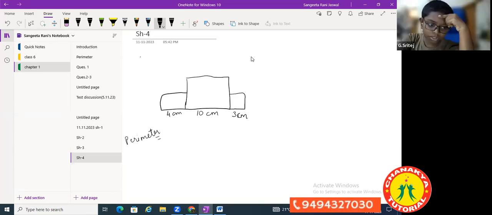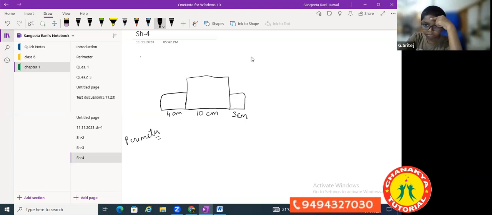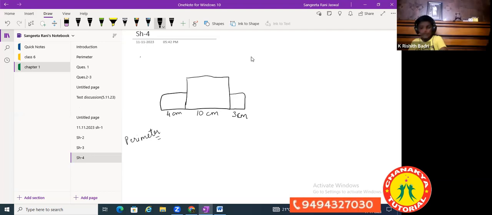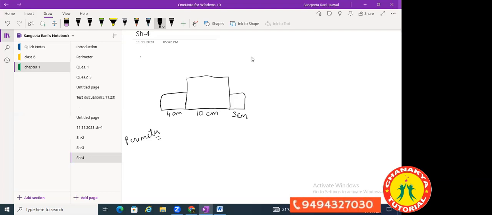Ma'am, it's 68 centimeters. 68 centimeters. Everybody getting the same? These are all squares. So for the first square, what will you get? Let everyone find the answer. Ma'am, I got the answer 76 centimeters. 76.